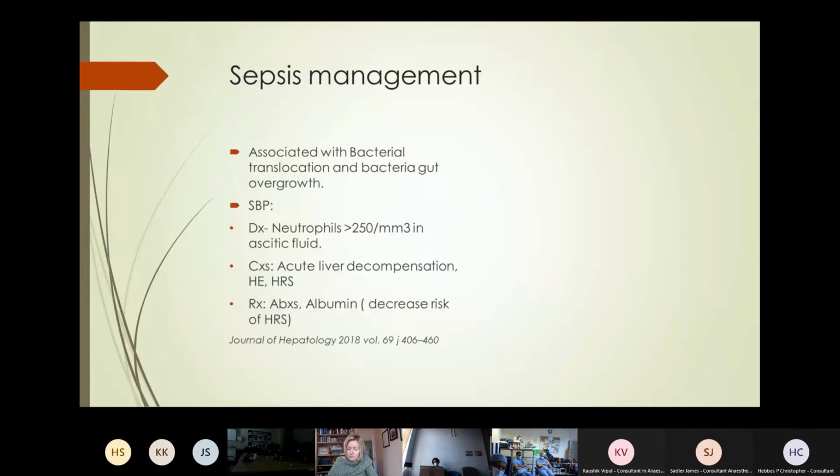Our main issue is spontaneous bacterial peritonitis. For such patients, you want to do an ascitic tap. If the neutrophil count is more than 250, then start treating. The antibiotic treatment depends on the hospital policy. It depends on whether it's community acquired. It depends on whether it's health care associated.